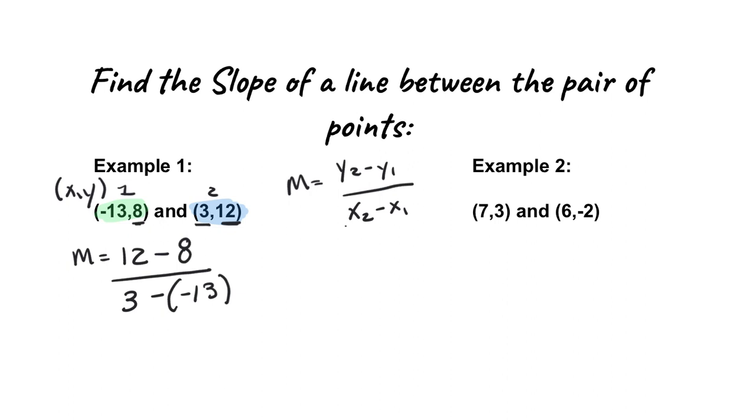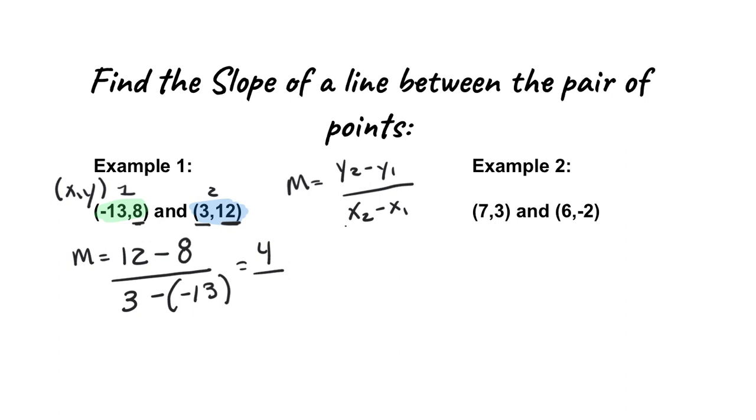I can do the math independently, or I can put the whole fraction into a calculator. But remember, I want my answer as a fraction right now. So the best bet would be to put 12 minus 8 into your calculator first. It gives us 4. And then 3 minus negative 13.